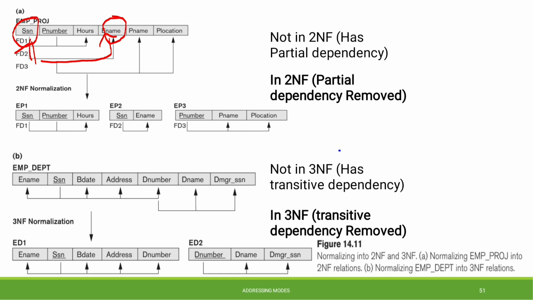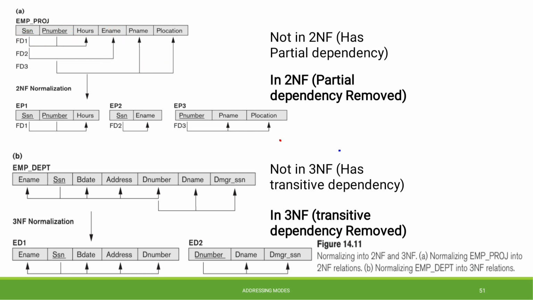SSN is a prime attribute and P number is also a prime attribute, but the non-prime attribute ename is not fully functionally dependent on both. It is dependent only on SSN. This is called partial dependency. So the prime attributes are two, SSN and P number, both together forming the primary key. The non-prime attribute ename is not dependent on both, it is dependent only on SSN. This shows partial dependency. Hence, this relation is not in 2NF.